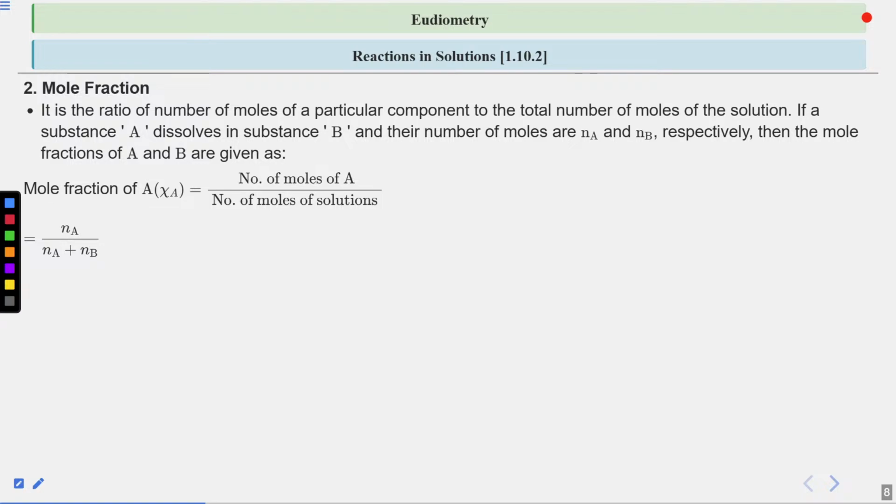What are present in the solution? A and B. So the total will be Na plus Nb, the number of moles of A plus the number of moles of B, and again in the numerator, the number of moles of A. In this way you will calculate the mole fraction of A. Mole fraction is represented by chi. This is not x, it is chi, and whosoever mole fraction you are interested in, just keep it in the subscript.